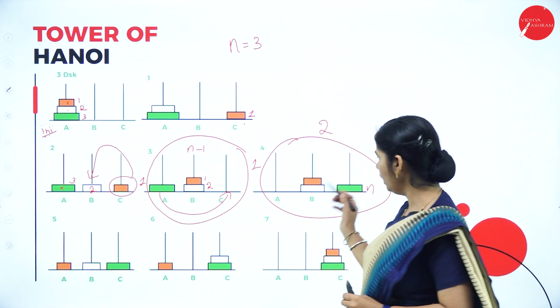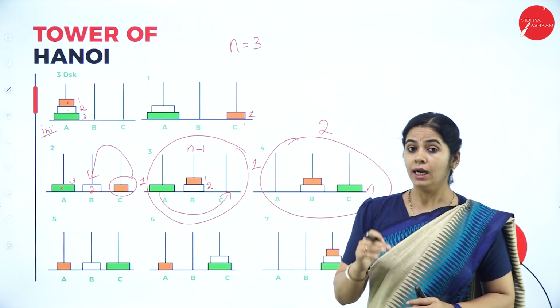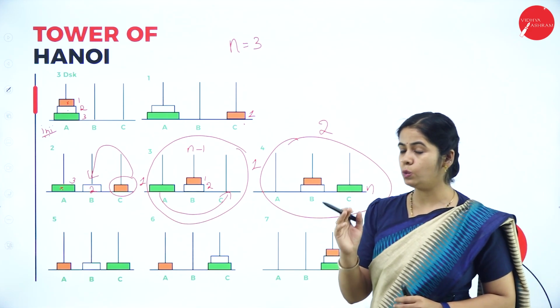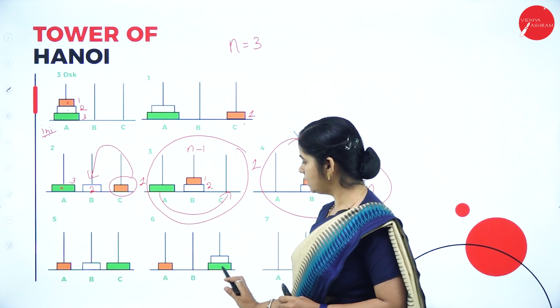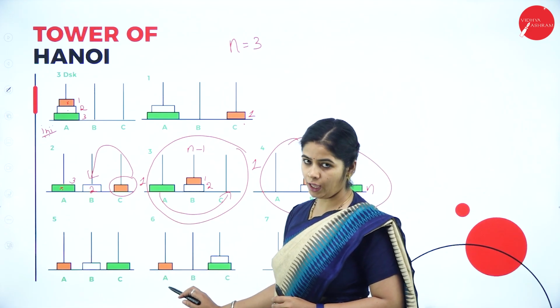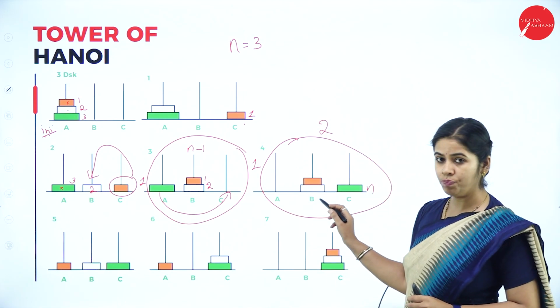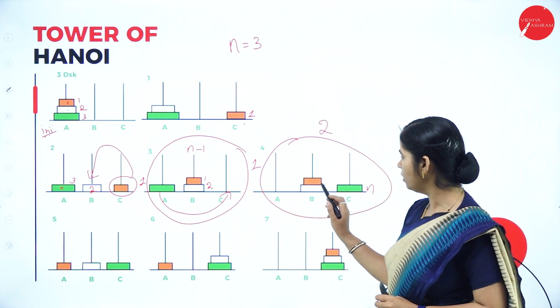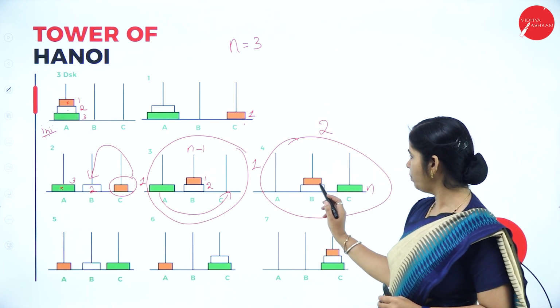Next, after this, what do we have to do? Our step number 3: transfer the n minus 1 disks which are in B to C with the help of A. So, this is the n minus 1 disks that we have. We have to transfer this from B to C using A. So, what am I supposed to do?